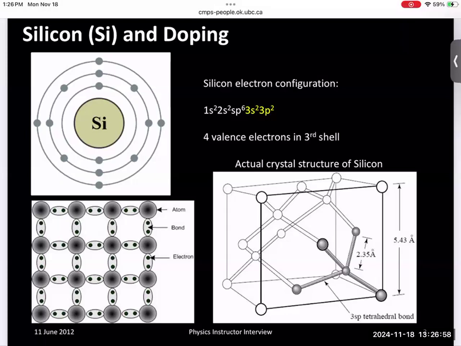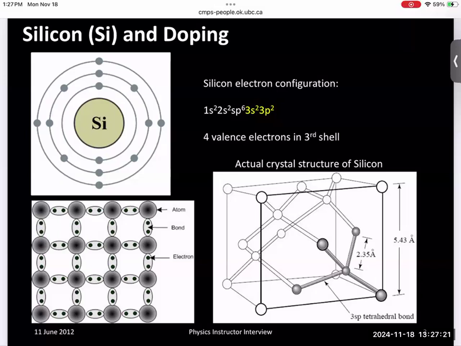The important point is that each silicon atom has 1, 2, 3, 4 nearest neighbors, and these lines represent those covalent bonds. I could pick any one of them, and I could find 1, 2, 3, 4 nearest neighbors with 4 covalent bonds.